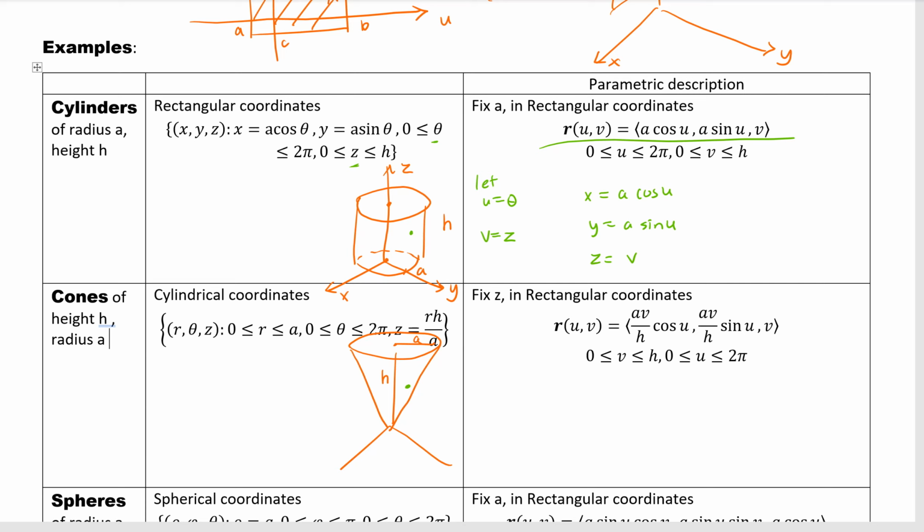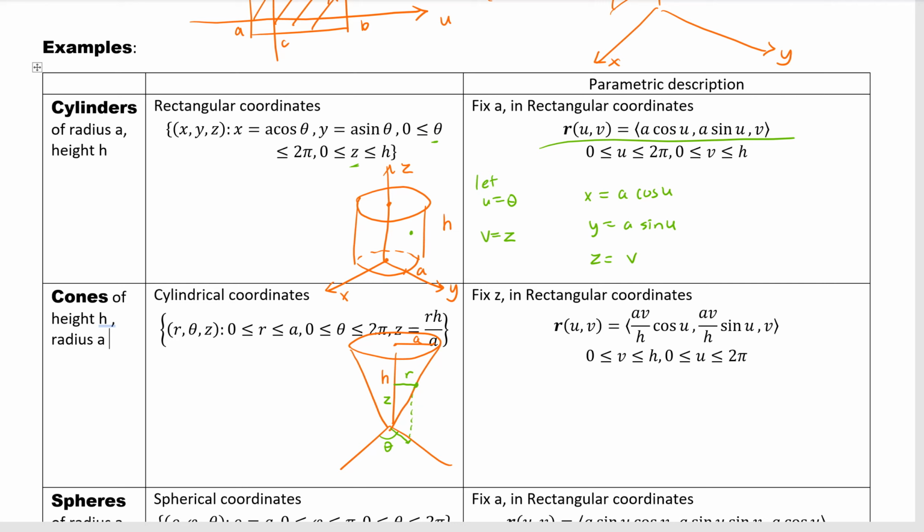Let me draw better. Say this point is here, then here is r. If we project this point down here, that is theta. And z is this.